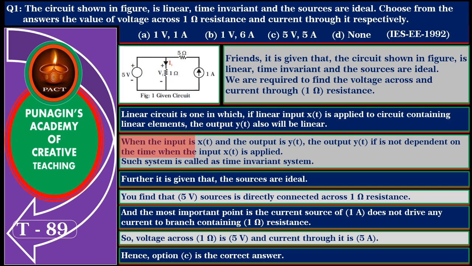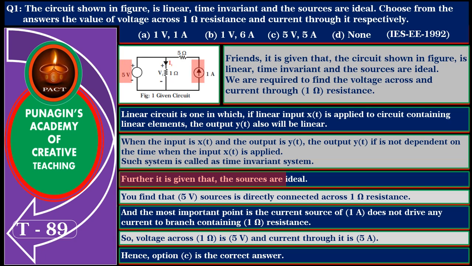When the input is x of t and the output is y of t, if the output is not dependent on the time when the input x of t is applied, such system is called as the time invariant system.